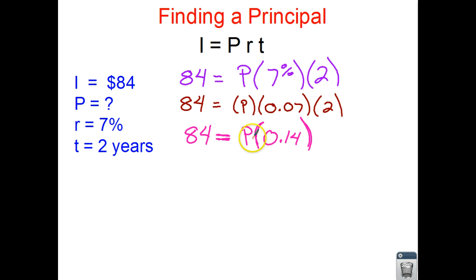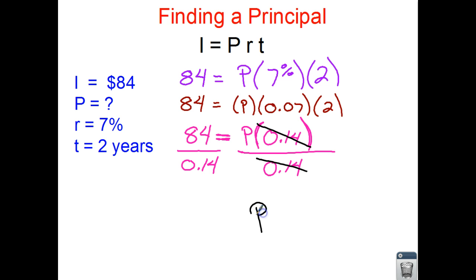The opposite of multiplying is dividing. So to get rid of that 14/100ths, we're going to divide both sides by it. So they now cancel, and we're left with the principal amount equaling whatever this quotient is.